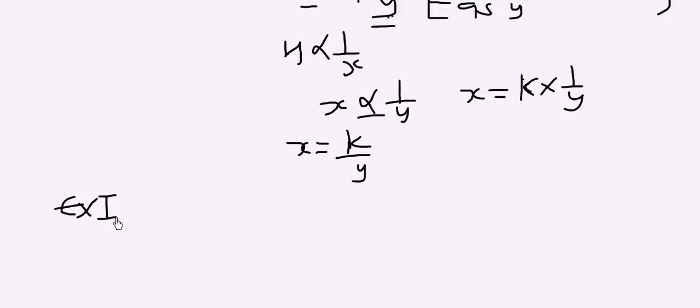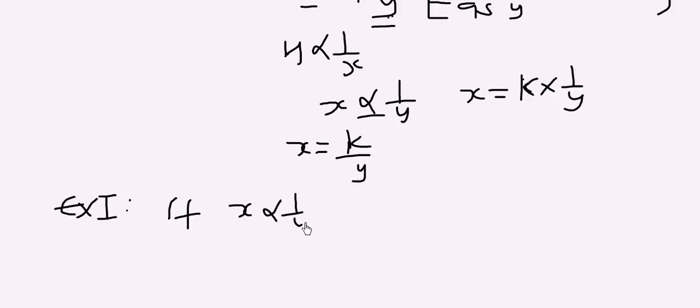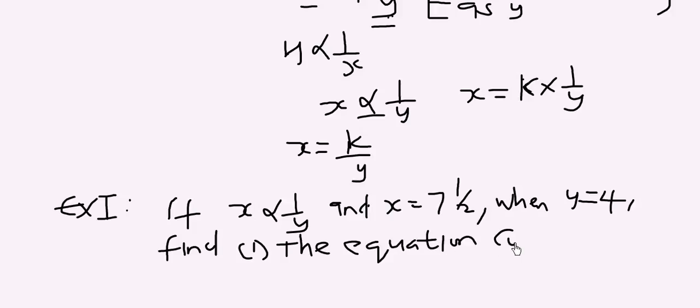Example 1. If x varies inversely as y and x is equal to 7 1/2 when y is equal to 4, find one, the equation connecting x and y.